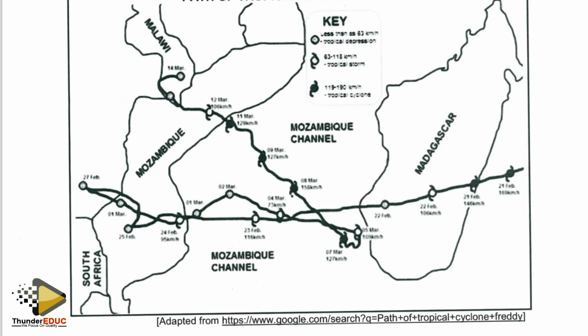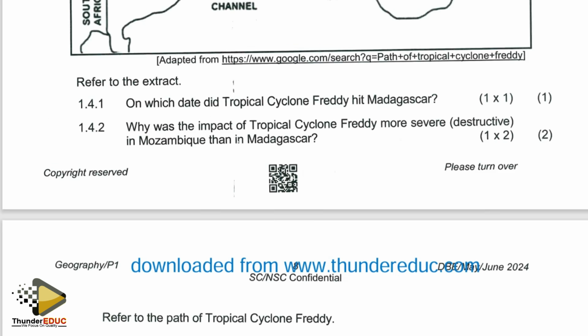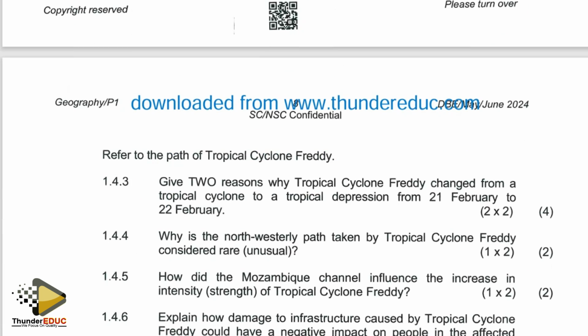From the 21st of February, when it hit Madagascar, it crossed the Mozambique channel and reached Mozambique on the 22nd of February. So the reason the impact was more destructive in Mozambique is because the cyclone re-intensified, or it went through cyclogenesis over the Mozambique channel. It strengthened over the channel, which means it gained more power as it was crossing the Mozambique channel.